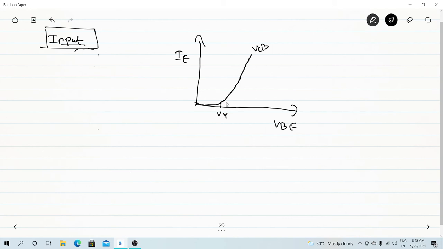So this V gamma is sometimes called the knee voltage.